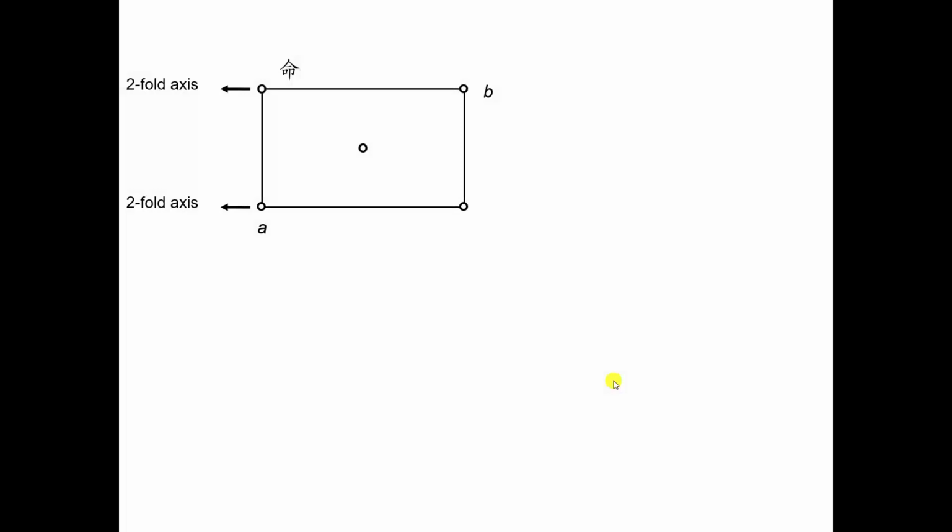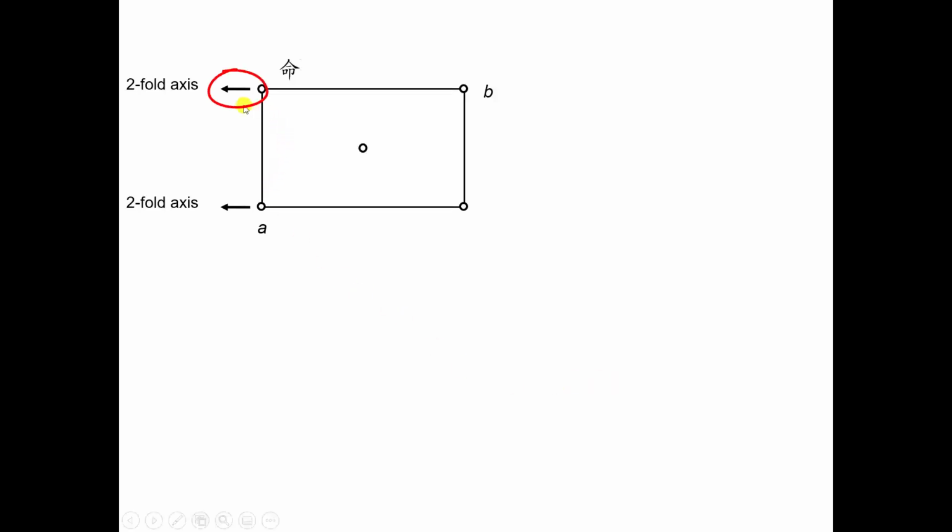So let's take a projection of the C2 space group, and here we're looking down the C axis. Okay, so the B axis is running horizontal in this drawing. Now, in a monoclinic space group, by convention, we're going to put the rotation axes or screw axes parallel to the B lattice vector.